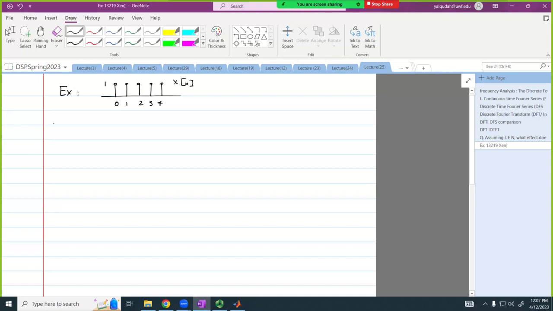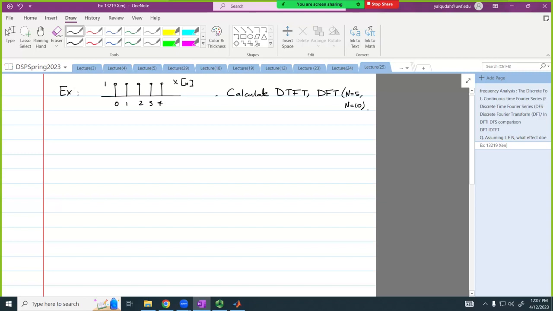We're going to calculate the discrete time Fourier transform, and we're going to calculate the discrete Fourier transform for different values of n. This is for n equal to 5, for n equal to 10, and that's it.